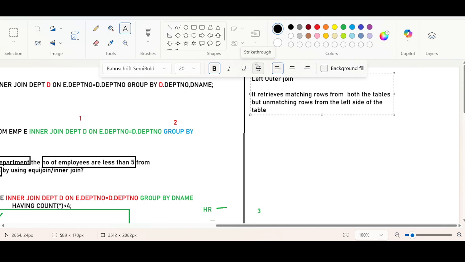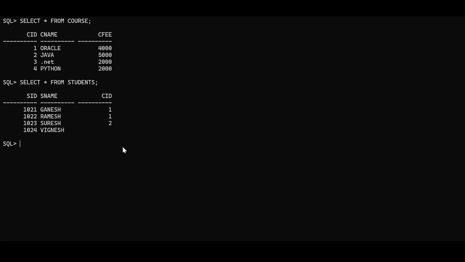What does it really mean? To understand this, let me see the example. I want to join these two tables. Always remember, to join any two tables, consider the common column. CID is the common column in both.